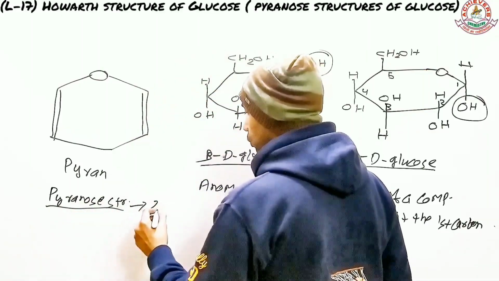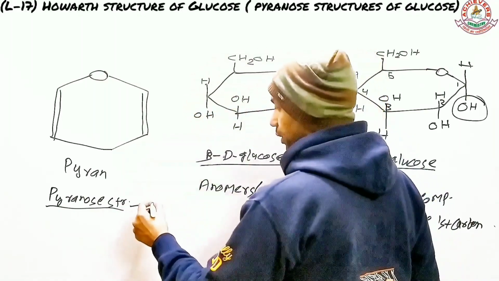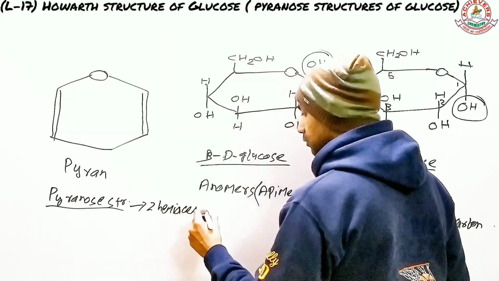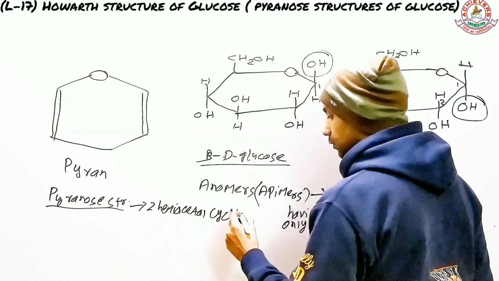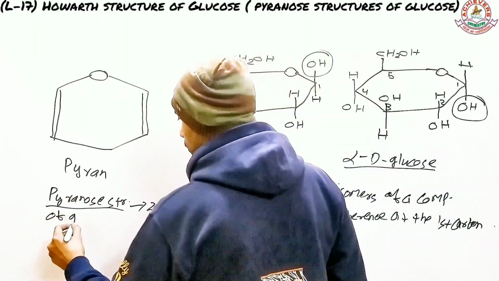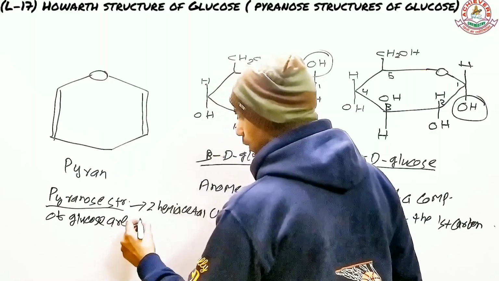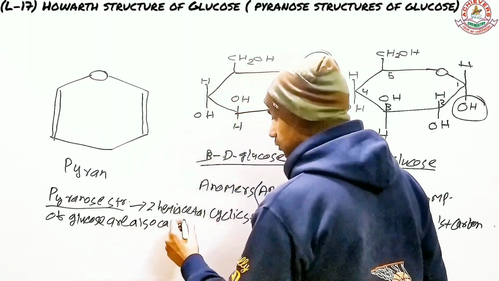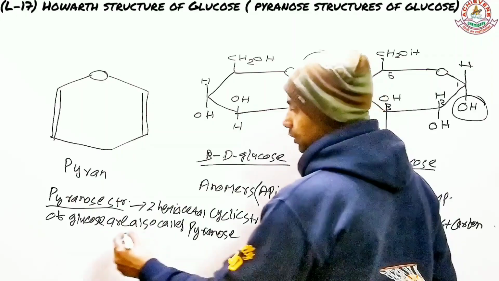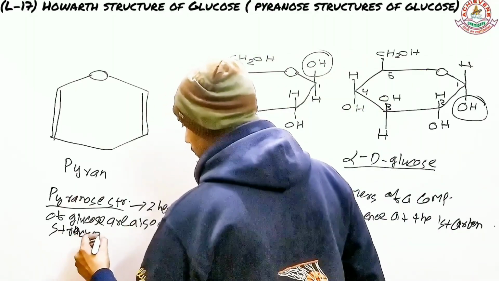The two cyclic hemiacetal structures of glucose are also called pyranose structures.